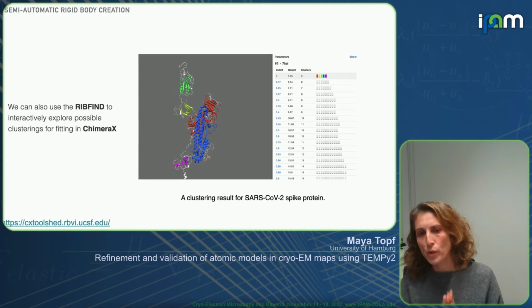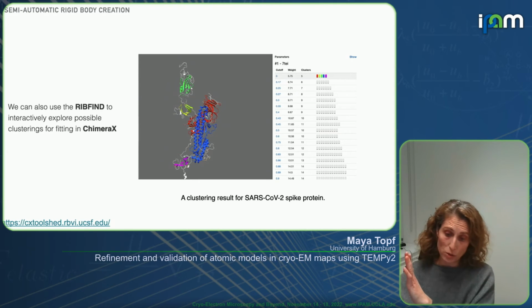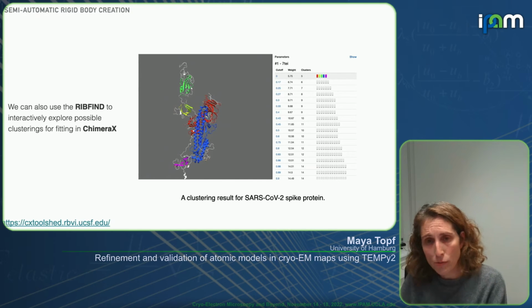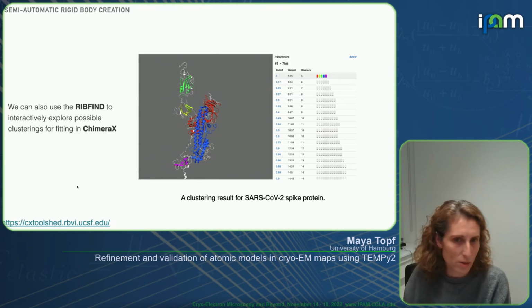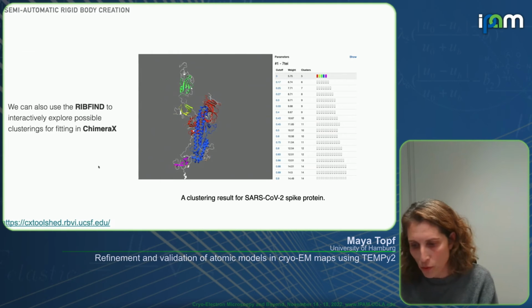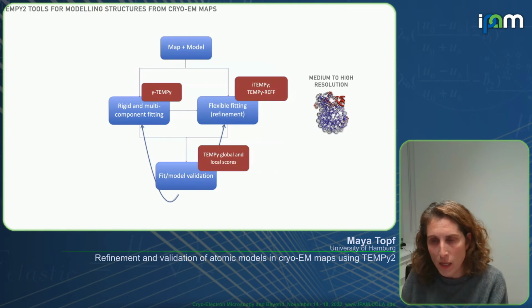One way is doing it based on your correlation, so your SMOC score, and you select the regions that don't fit very well. Another way is to use the Refine clustering program and select those sets of rigid bodies that you're interested in, and you can use exactly the same optimization program to improve your structure.